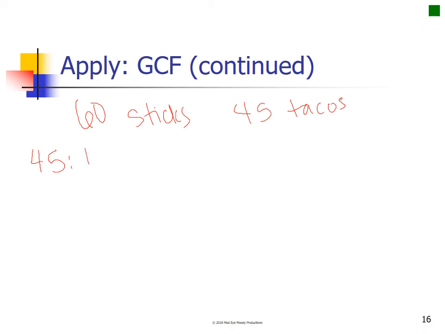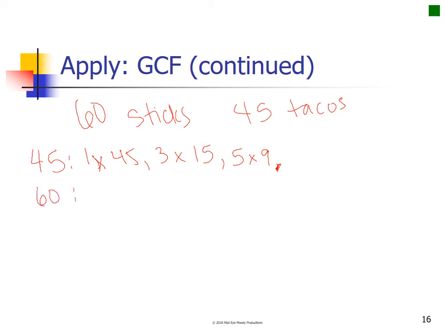So 45, we have 1 times 45, 2 times nothing, 3 times 15, 4 times nothing, 5 times 9, 6 times nothing, 7 times nothing, 8 times nothing. So then I'm back to 9. So those are my 3 factors for 45.